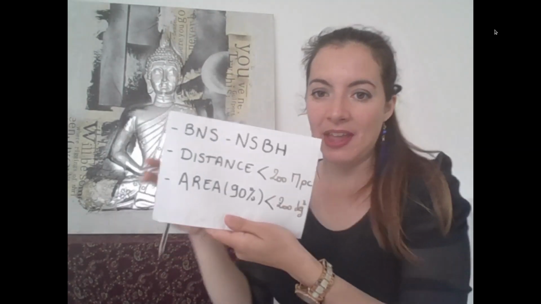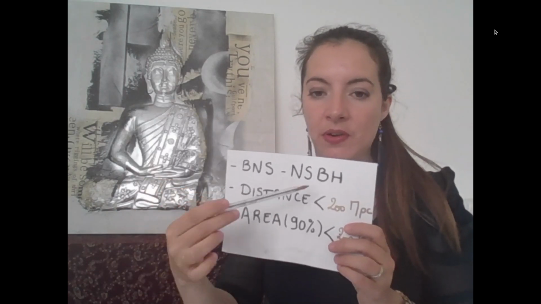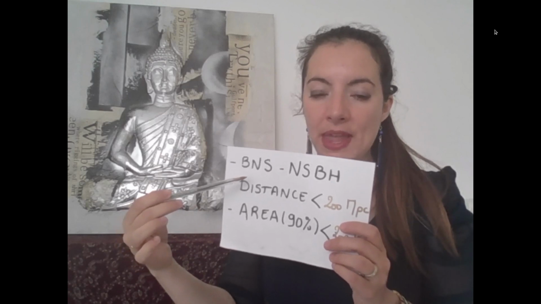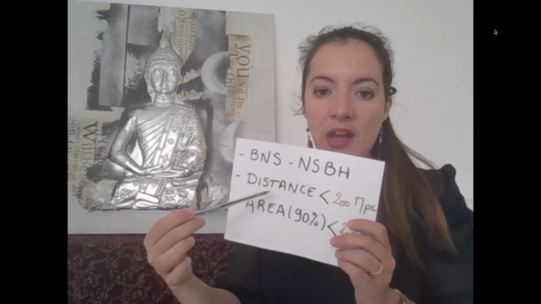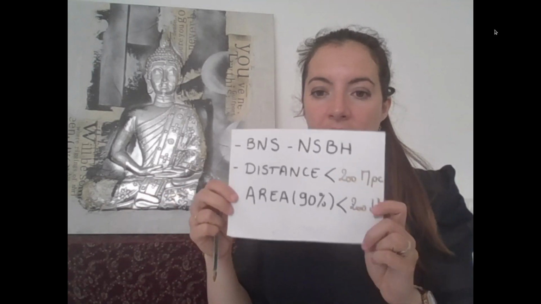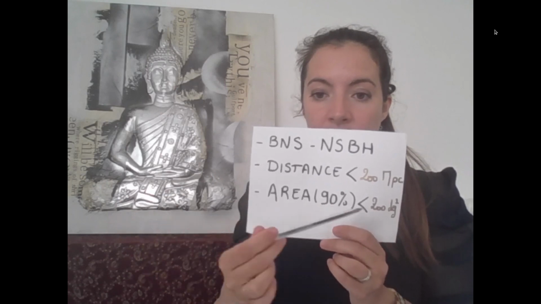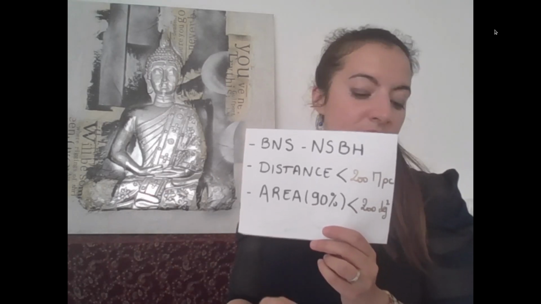So remember at the last courses, we said that we're gonna observe with GROMA for BNS and SBH events when the event is located below 200 megaparsec, and for an area of the 90% credible region within 200 degrees square.